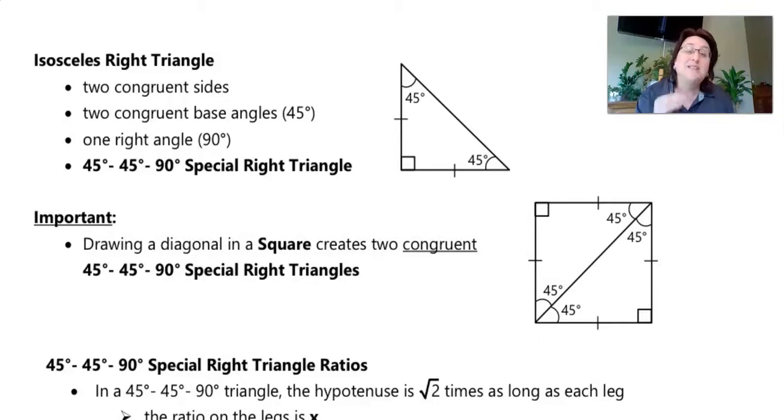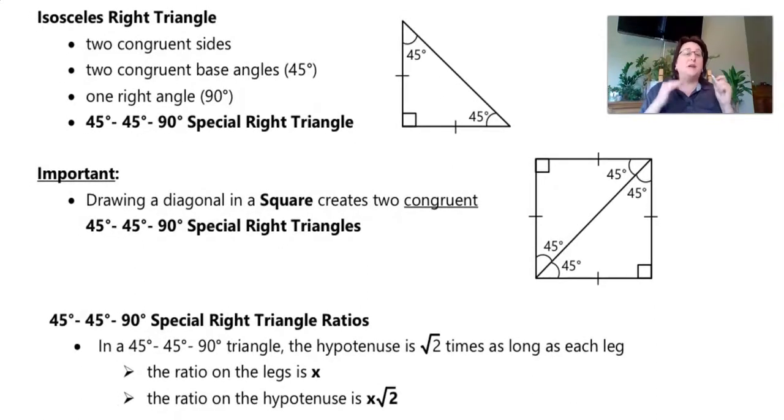And I'm going to show you some ratios that apply to every single isosceles right triangle that is a 45-45-90. But first, I want to refer back to something about a square. You remember that in a square we have a diagonal. This diagonal bisects the opposite angles.